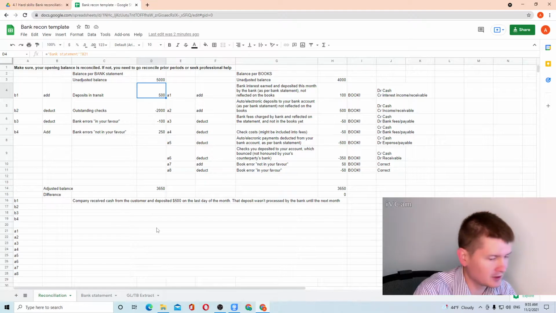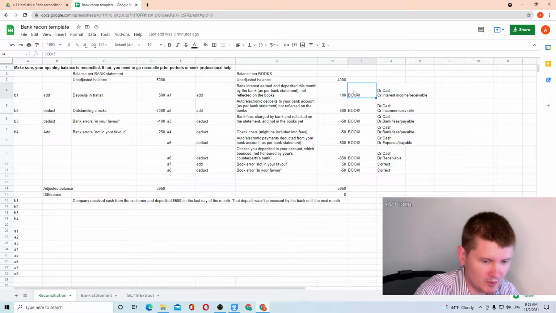So, for example, if it's September 30, 2021, and we deposited 500 cash that day, and we reflected that cash in the books. When we get cash or checks or payments, we need to reflect them in the books first. Then we deposit them to the bank account.